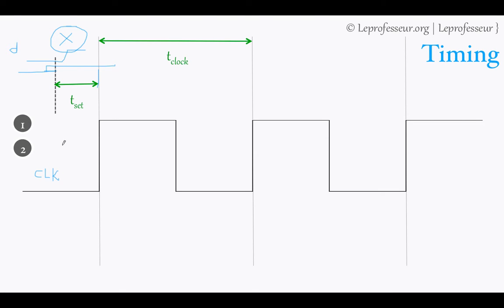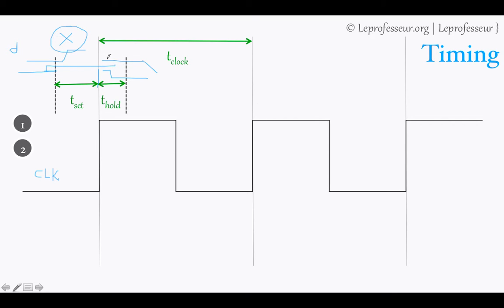In the same way, there is a hold window. It means that your input coming to the flop should not change its state in this window. If it changes, it will not work. Essentially it should change state after this window.